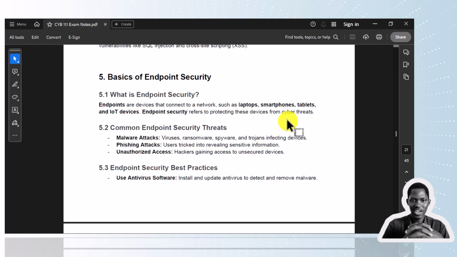Then unauthorized access. Hackers gaining access to unsecured devices. You didn't lock your phone and you put it down. That's an example of an unsecured device. Or your password is just 1, 2, 3, 4. Sometimes it's crazy: you'll be using a pattern lock, and somebody will be able to unlock your phone without knowing your pattern.